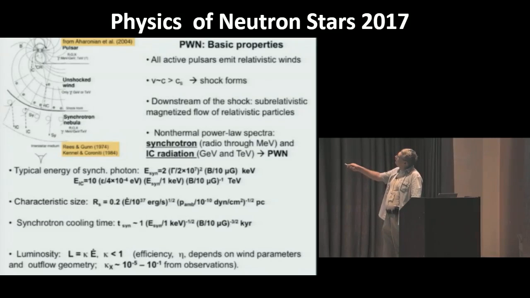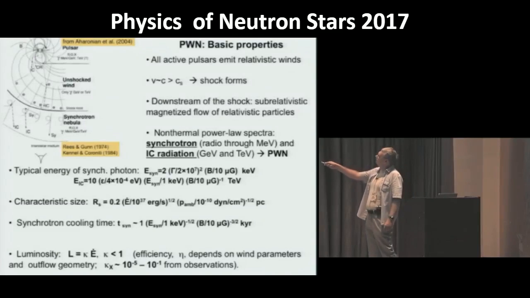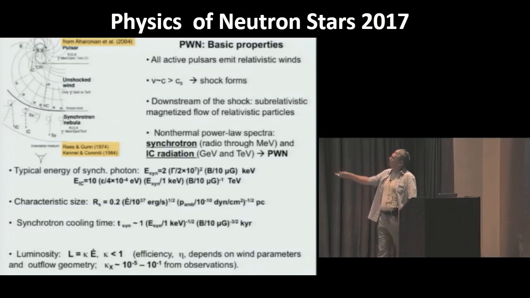Then there is another boundary over here, which is really a forward shock. In that sense, this shock front can be called a reverse shock, or more often it's called a termination shock. And somewhere there is a forward shock where there is an interface with the ambient interstellar medium or ejecta in the supernova remnant, if this pulsar wind nebula is young enough, right?